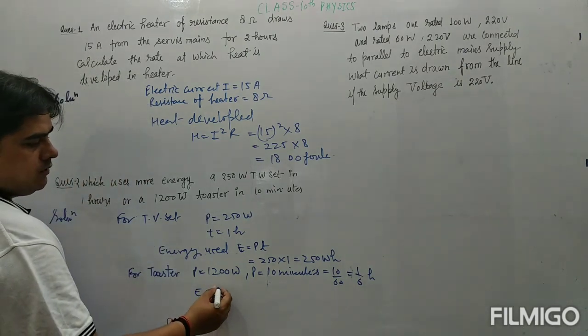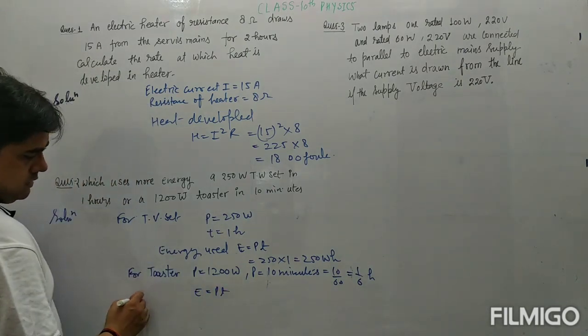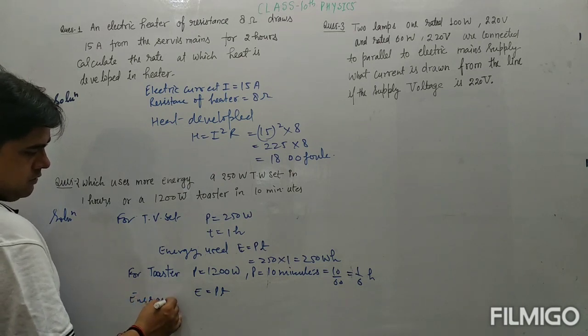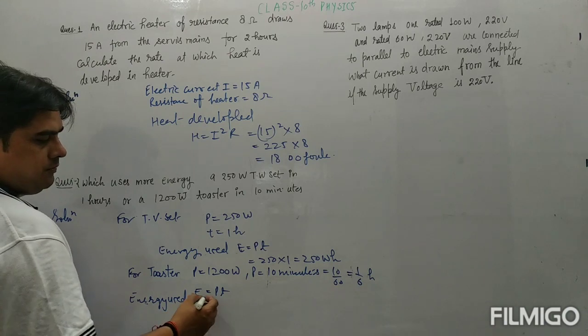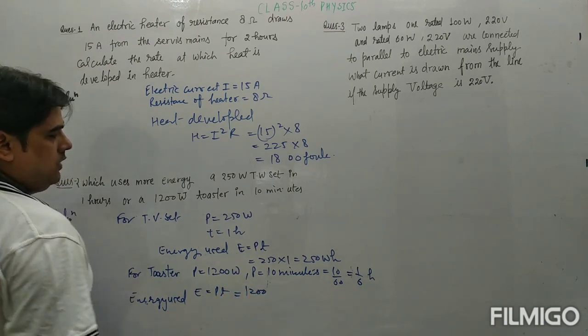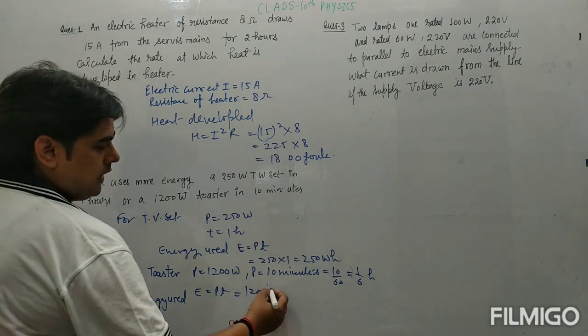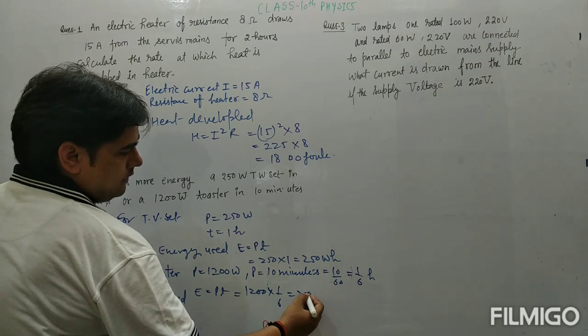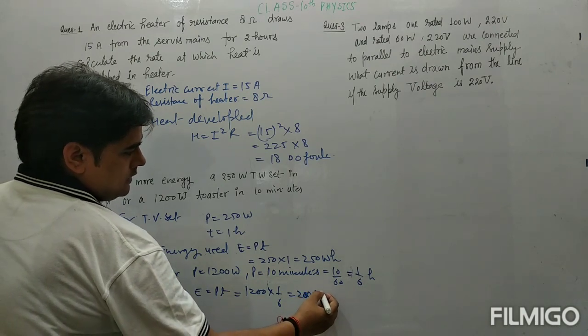Then energy used is equal to PT. The value of P is 1200 and T is 1 by 6, so it is 200 watt hour.